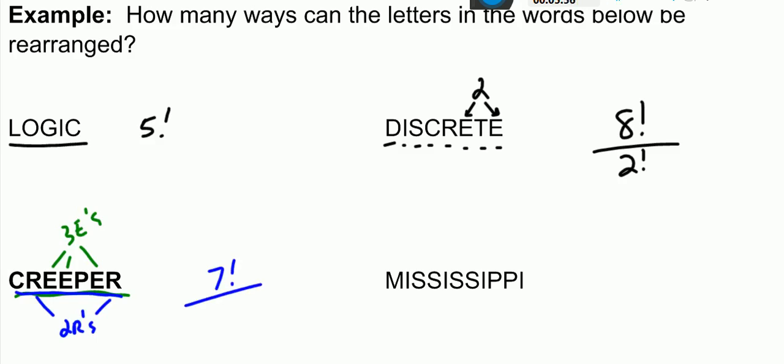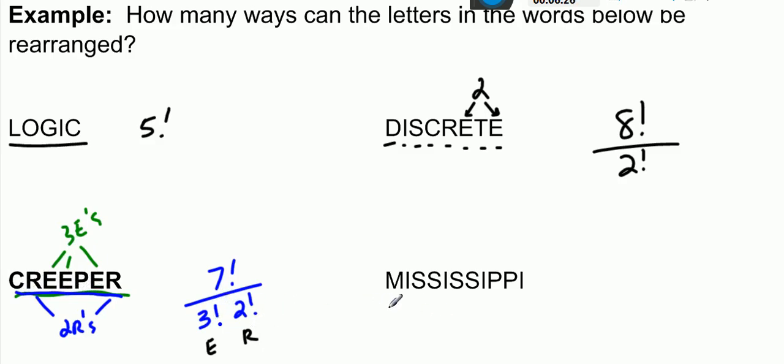Every time I rearrange one of the 3 e's, it won't look different, so I have to think about the 3 factorial ways those e's could be arranged, and then any way I rearrange the 2 r's, I won't be able to tell the difference. So you can give yourself a little bit of partial credit and explanation here by explaining where that 3 and 2 came from. The c and the p are only there once, so there's no point in putting a 1 factorial in for those.